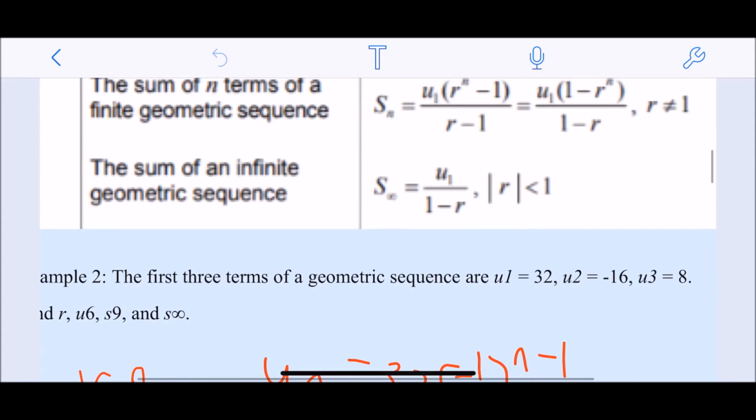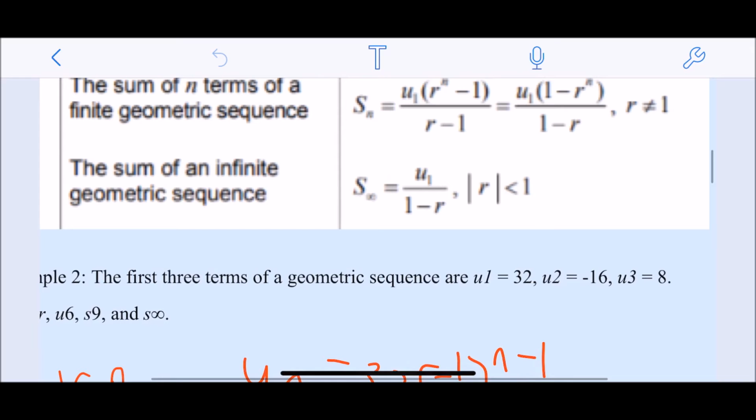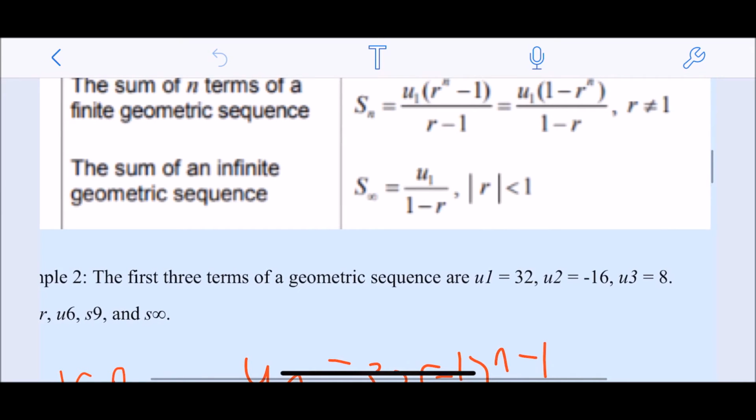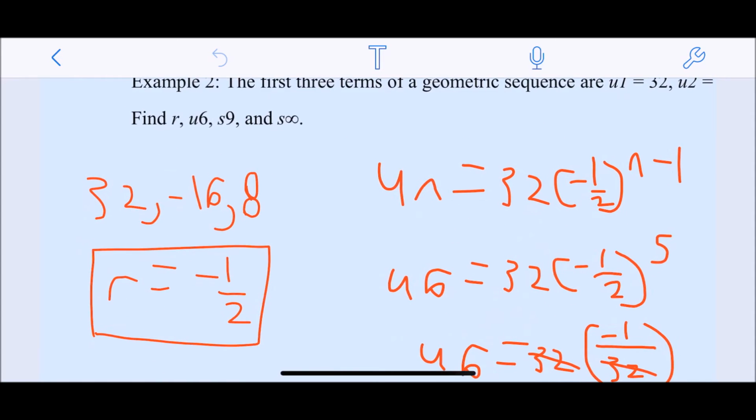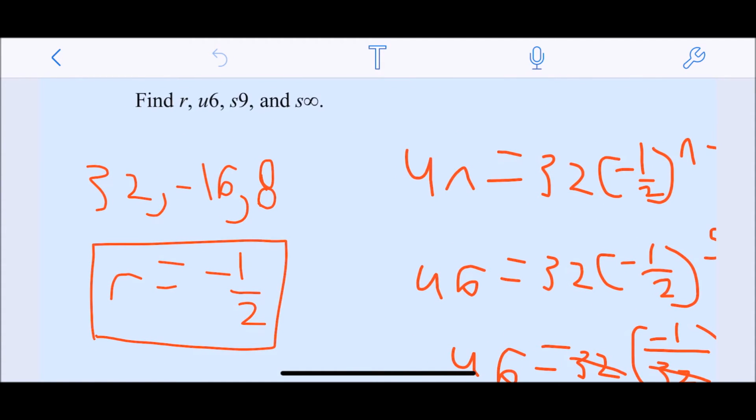The sum of an infinite geometric sequence is the first term divided by 1 minus r, and that equation is actually useful even into next year when you cover infinite sequences and series if you take BC calculus.